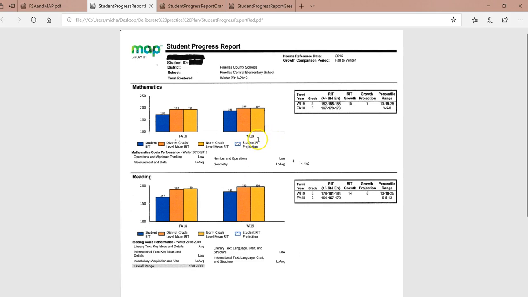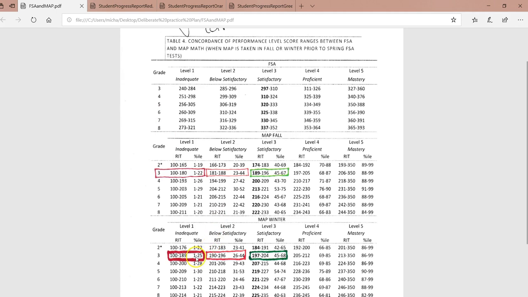For this particular student, the student scored a RIT score of 185. Again, that puts that student at a level 1, according to the MAP Winter and the correlation between their MAP scores and their FSA.